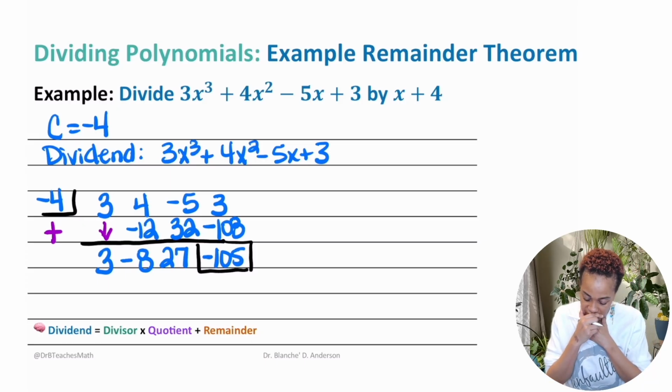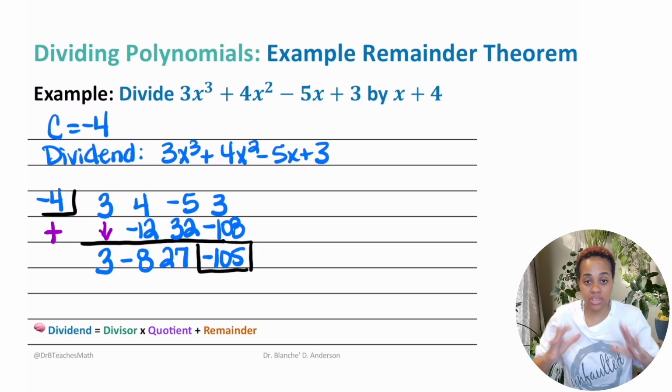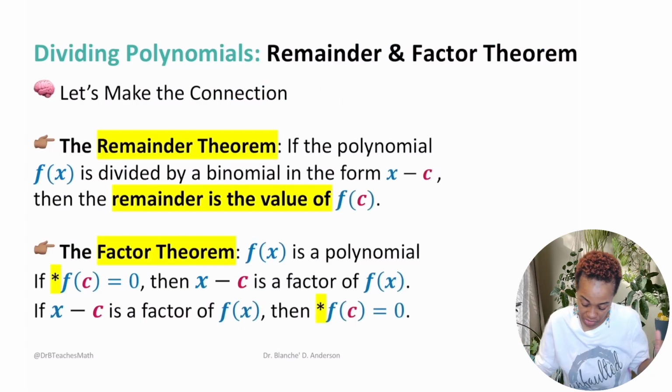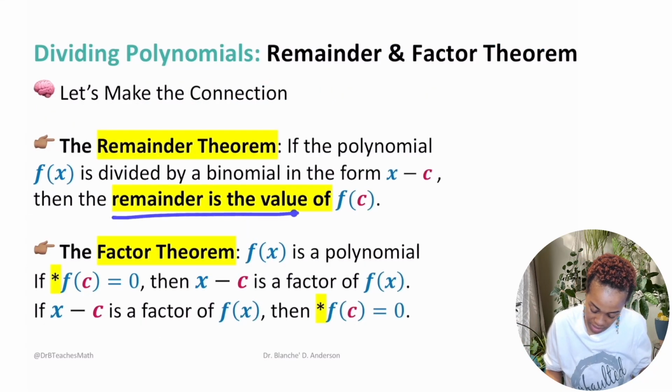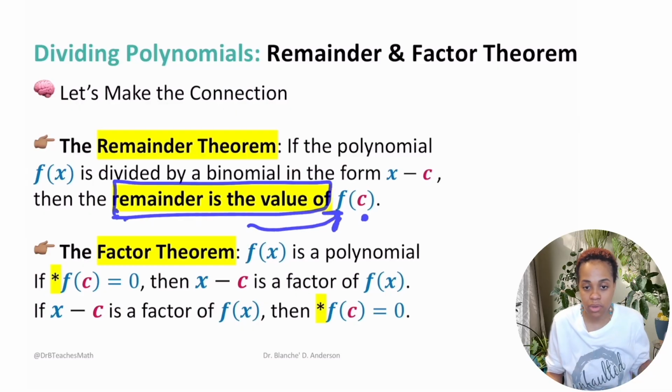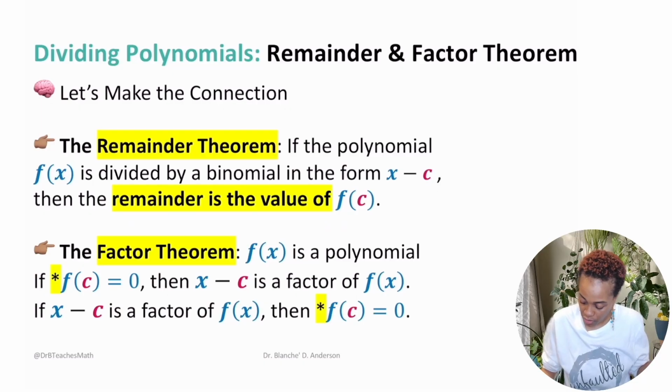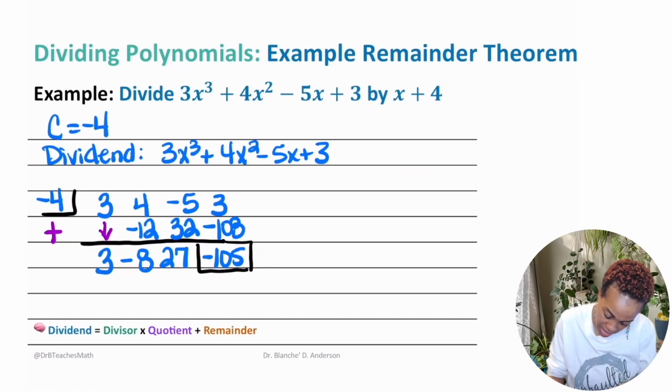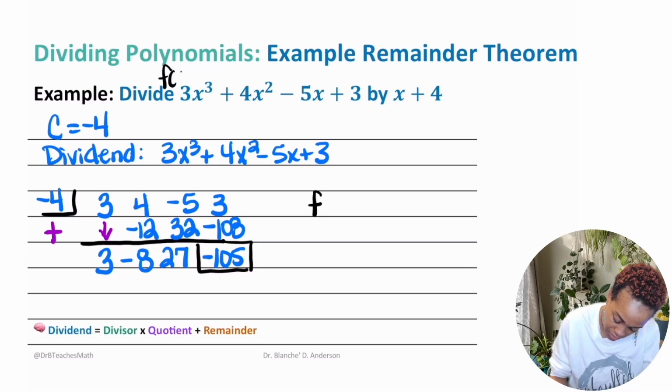Okay, so what does this mean? The remainder theorem says that whatever the remainder value is, it's the value when you evaluate the polynomial at the point c. So if I go back, this is f of x here, let me write that.